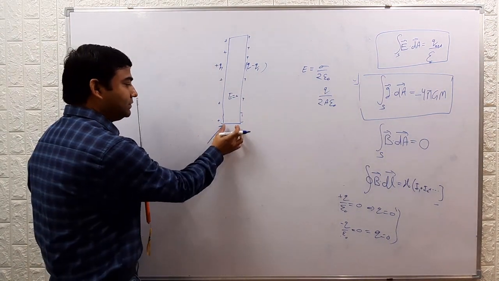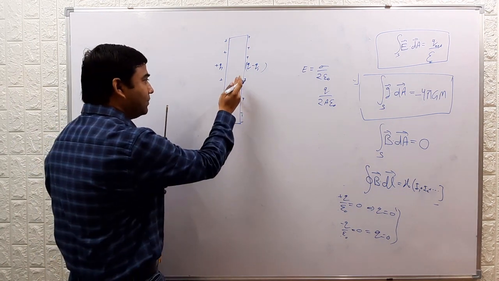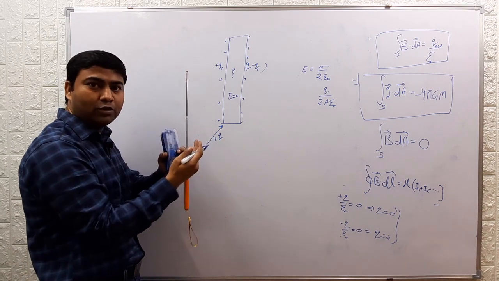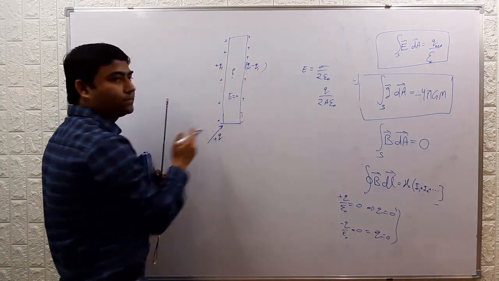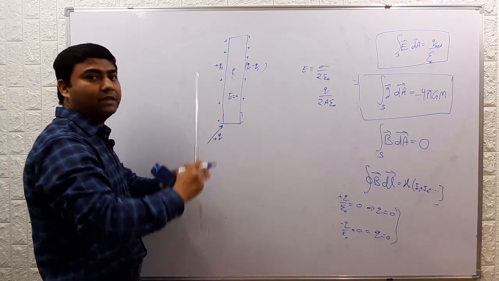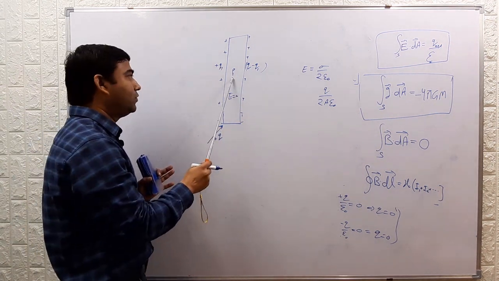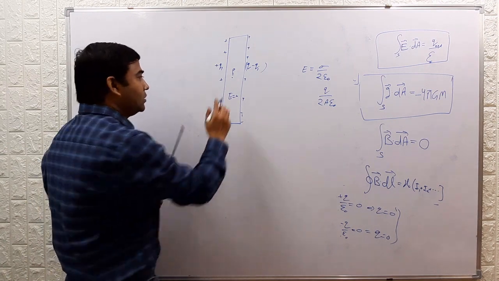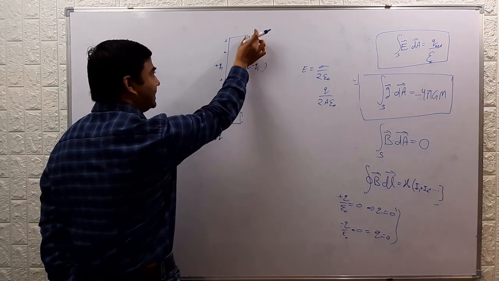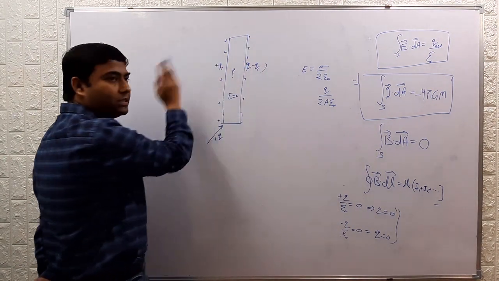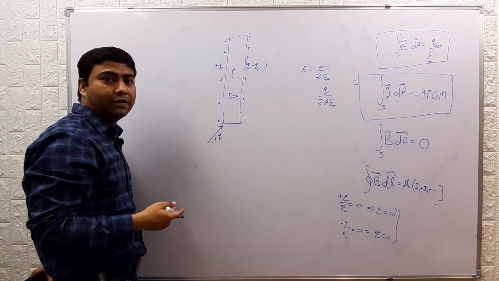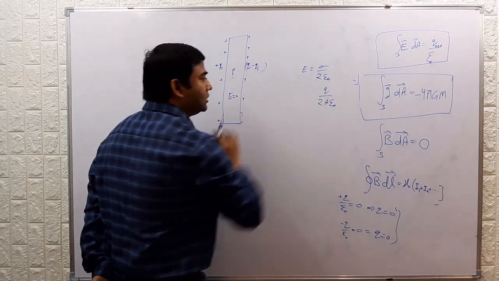But the sheet thickness we have assumed very low, hence a point inside this sheet will be very close to flat surfaces. Hence we can assume these surfaces as infinitely long surface for this point P. So electric field due to an electrically charged surface, which we have discussed earlier by Gauss's law, is given by this formula.